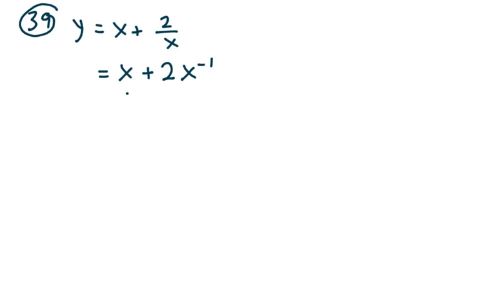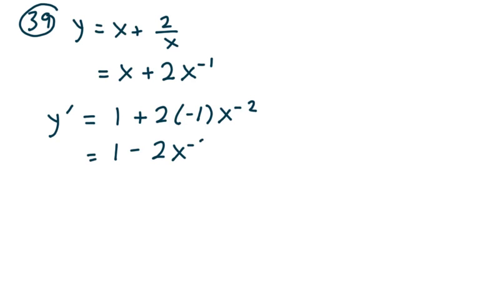Let's take a look at 39. We'll make this the last one for this video. Suppose y equals x plus 2 over x, but this is x plus 2x to the negative 1, like so. So if I want y prime, this is going to be 1 plus 2 times negative 1 x to the negative 1 minus 1, which is negative 2, which is 1 minus 2x to the negative 2.